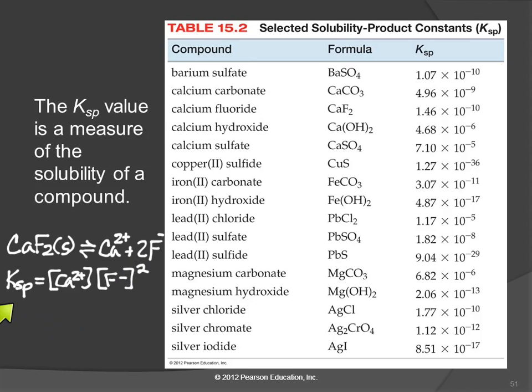The way they come up with these solubility product constants is you put some calcium fluoride in some water and you stir it up and give it plenty of time to dissolve, and then you measure the calcium ion concentration and the fluoride ion concentration, and you get actual numbers. Then you multiply them according to this equation, and you come up with this KSP of 1.46 times 10 to the minus 10. For ours, we just use the table.